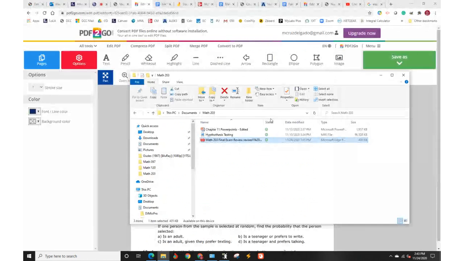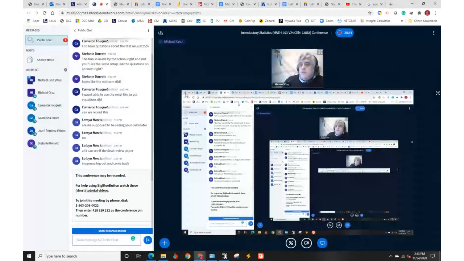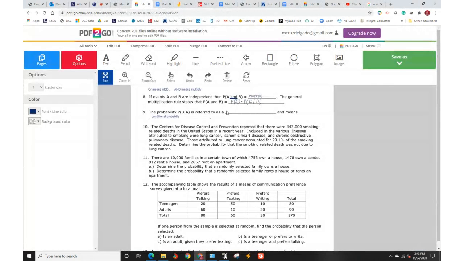Yeah, okay, well, that's just what I said. The probability of B assuming that A occurs. I would write it a different way, but let's just say that's a little bit shorter. It just means it's a given that A has occurred.